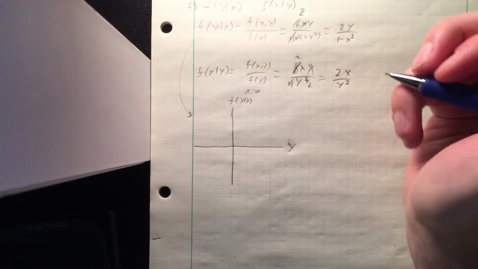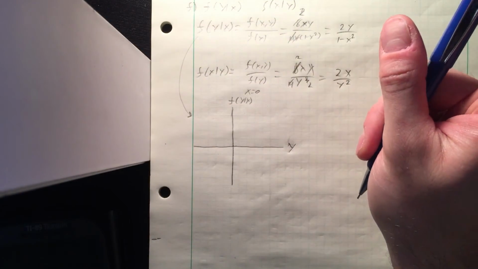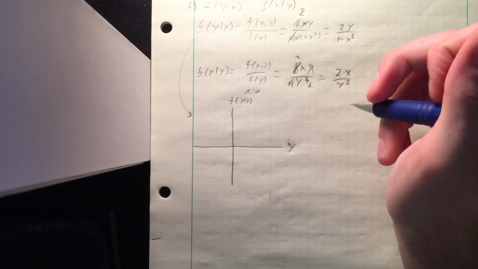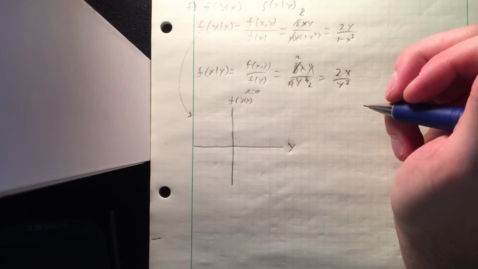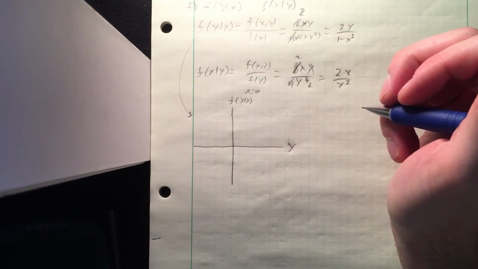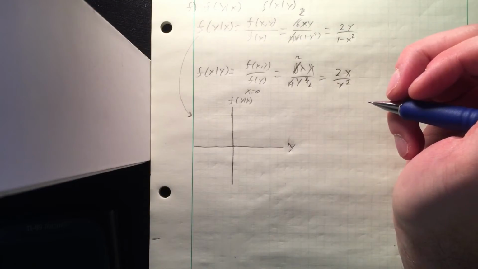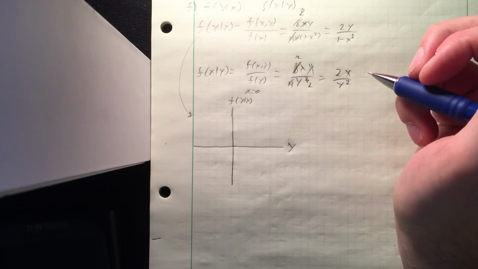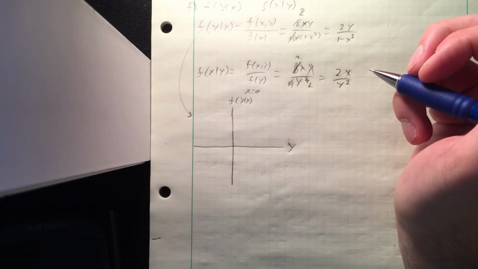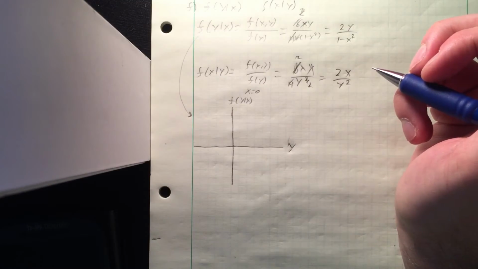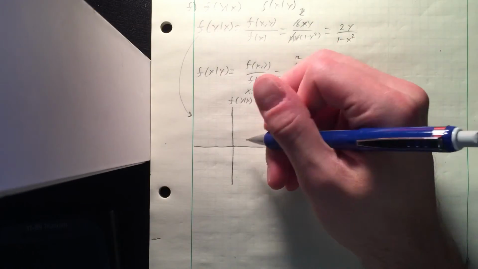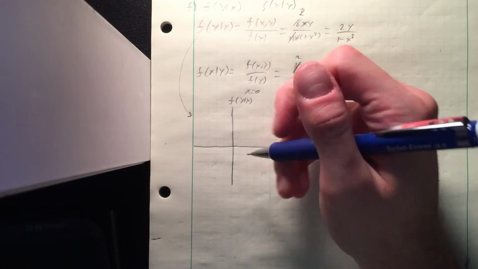So getting back to where we left off, we're going to sketch the conditional density function f of y given x. So when x is 0, it's just the function is going to be equal to 2y.